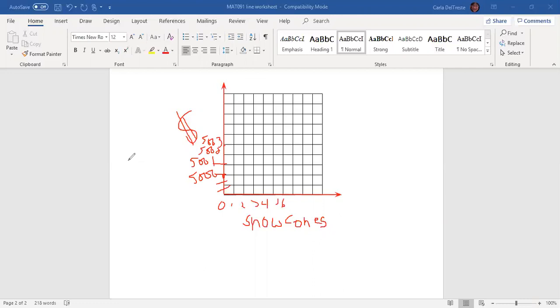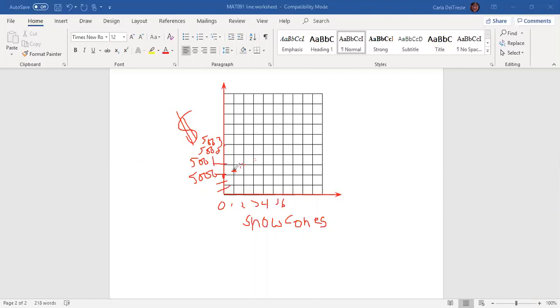When I sell 1 snow cone, I only go up 50 cents because it only costs 50 cents. When I sell 2 snow cones, that's another 50 cents. So I go up to the next dollar. And then every increment is up 50 and over 1, up 50 cents and over 1.